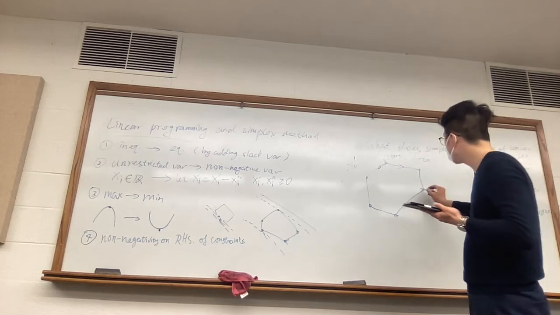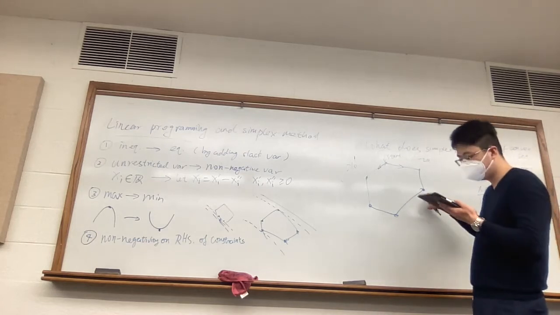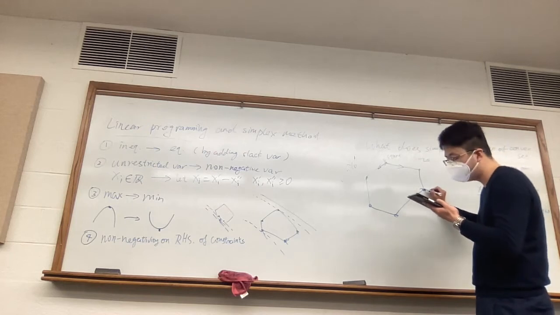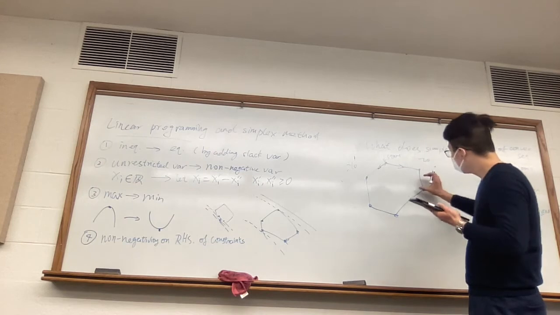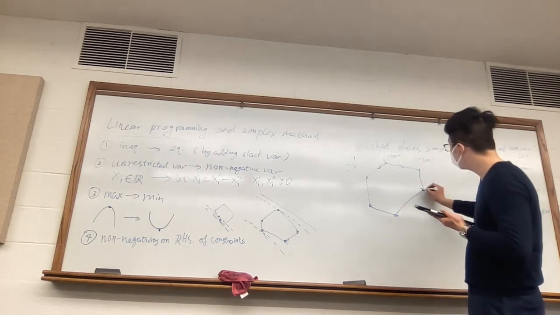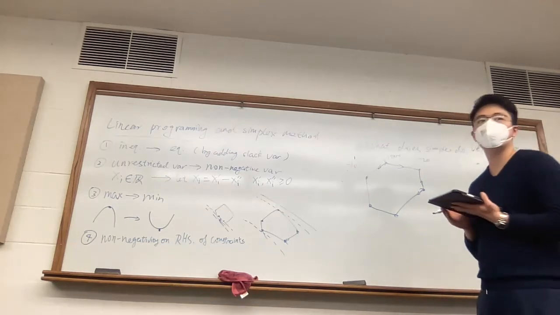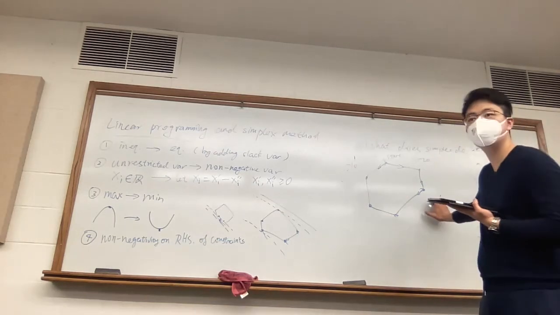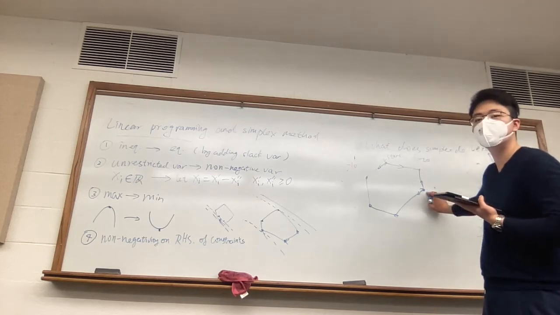And suppose finally you come to this point. Suppose when you come here you check that wherever you go, the value of your objective function will increase. Then you can stop. And this is the optimal solution. Can anybody tell me why?